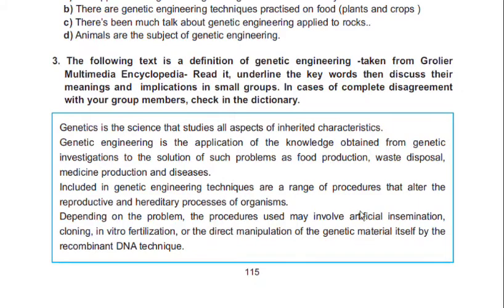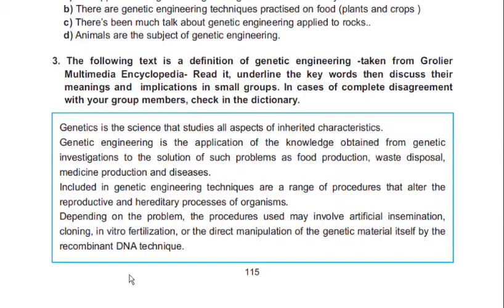Cloning, we've seen the meaning of cloning. We said it is the creation of a new organism from one cell without the need for two people or animals or plants. In vitro fertilization, which is an artificial way of fertilization, or the direct manipulation of the genetic material itself by the recombinant DNA technique. So these are the techniques that can be used in genetic engineering.